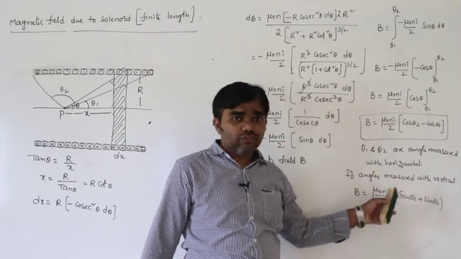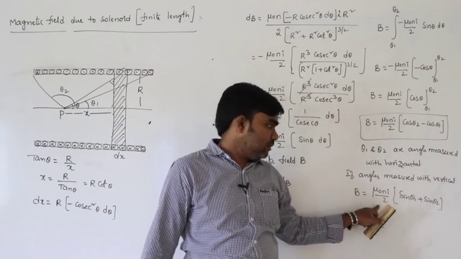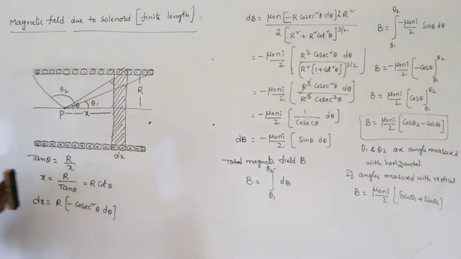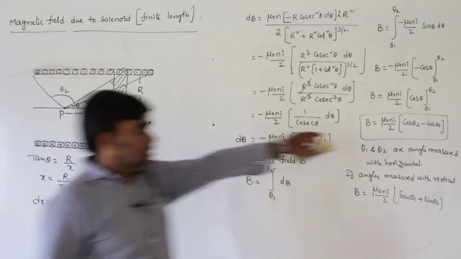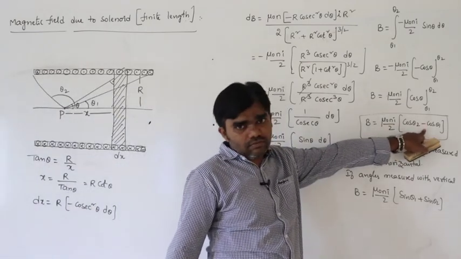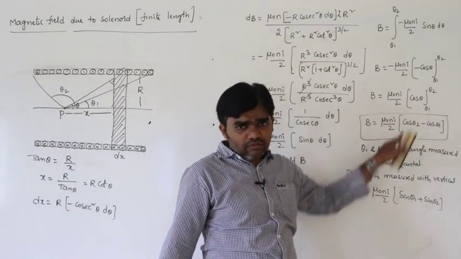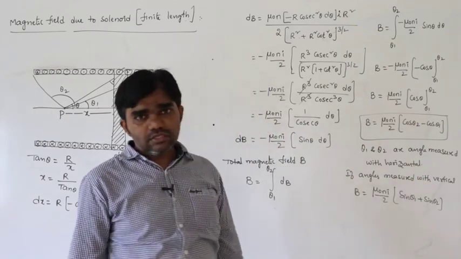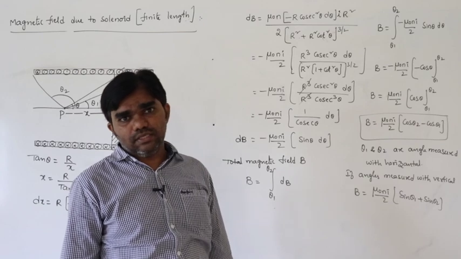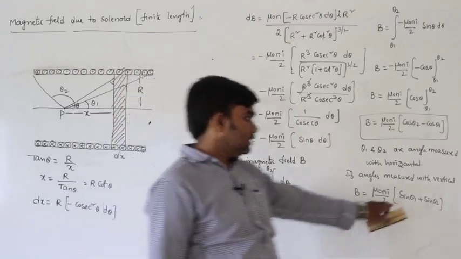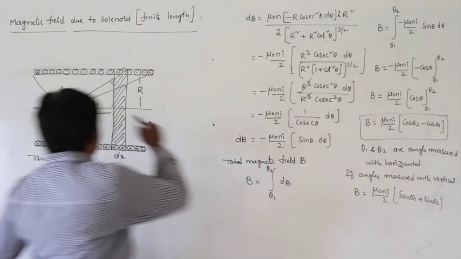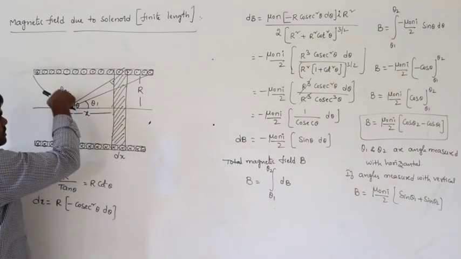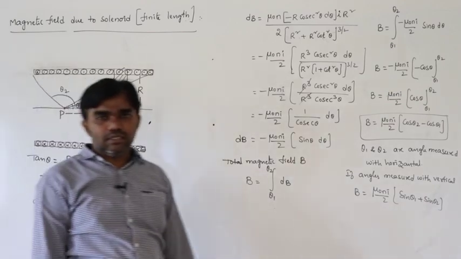If the angles are measured with the vertical, then the formula becomes different. Here theta 1 and theta 2 are measured with the horizontal, so we got cos theta 1 and cos theta 2. If the same angles are measured with the vertical, the cosines become cos of 90 minus theta and cos of 90 plus theta, that is sin theta 1 plus sin theta 2. Cos of 90 plus theta is minus sin theta.